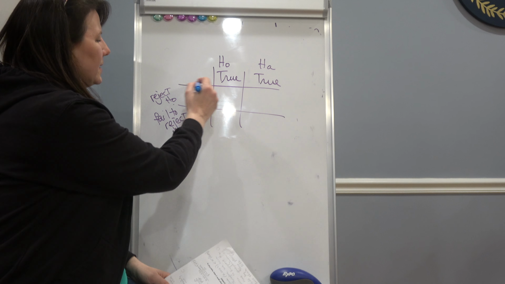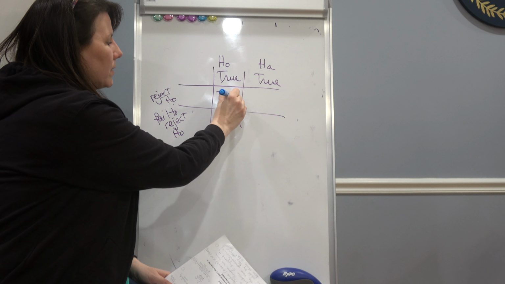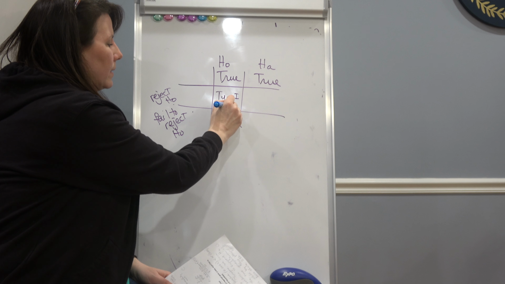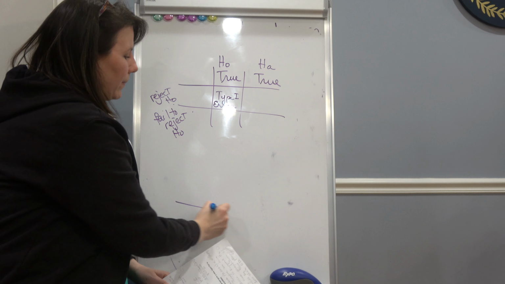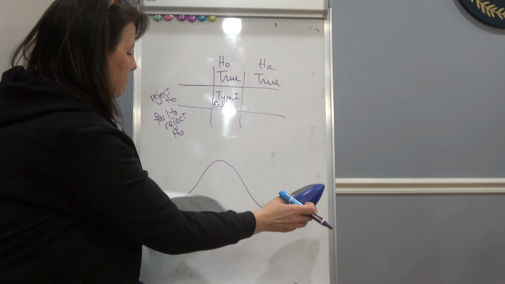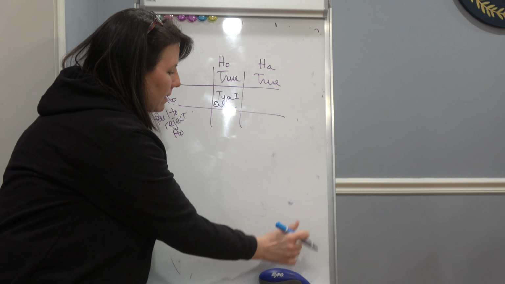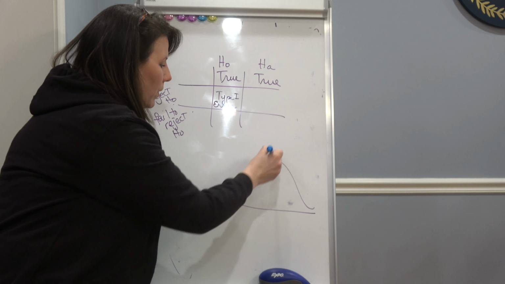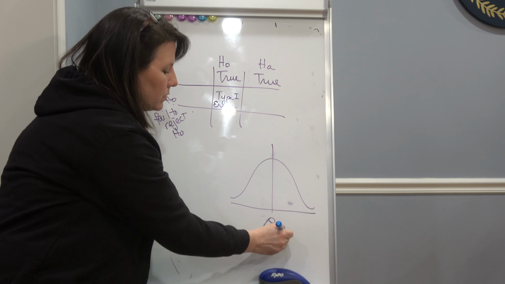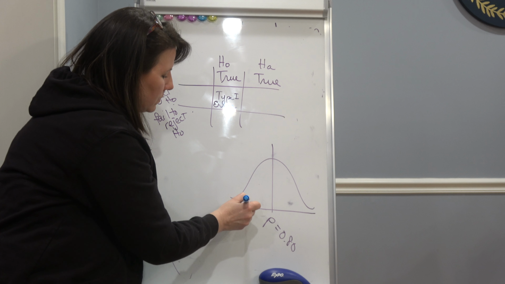So if I reject H naught when H naught is true, then I've made a type 1 error. Well, that probability is really easy to calculate. Let's assume we're doing the basketball problem, which we've talked about so much over the past few lessons.